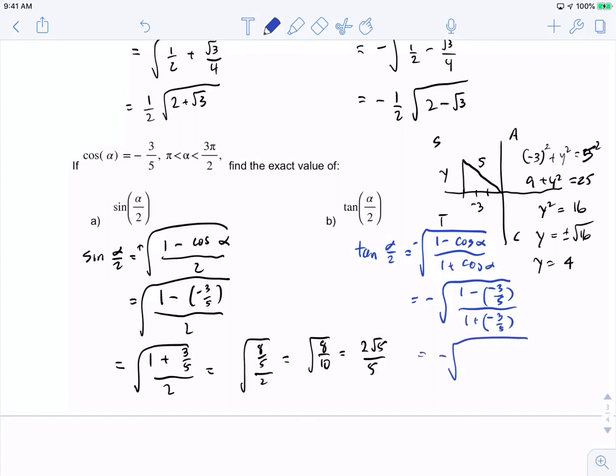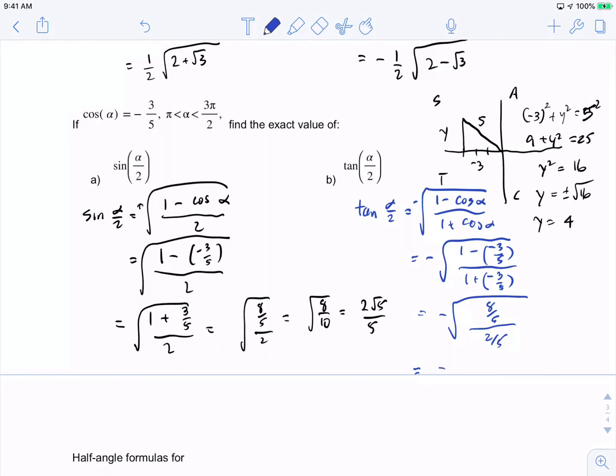And then it's just fractional work, right? So we're going to get 8 over 5 over 2 over 5. Well, the 5s will cancel, and so we're going to get 8 over 2, which will be negative times the square root of 4, which yields a negative 2 as our solution.